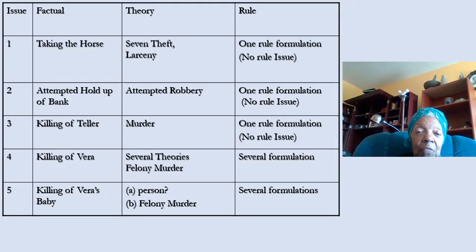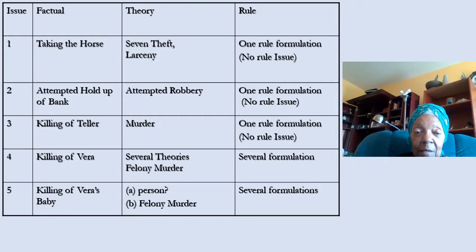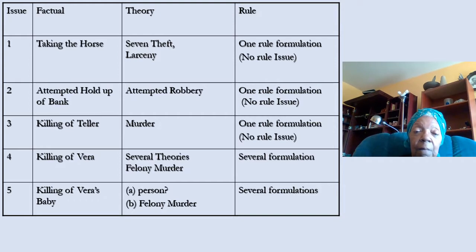On the issue of whether or not killing Vera's baby can have a cause of action, there are several formulations for whether or not a fetus is a person, and there are several formulations for felony murder, if that's what you decided to go with.